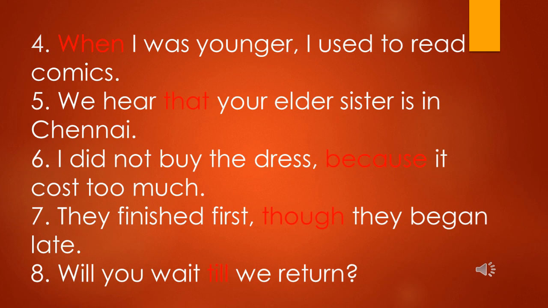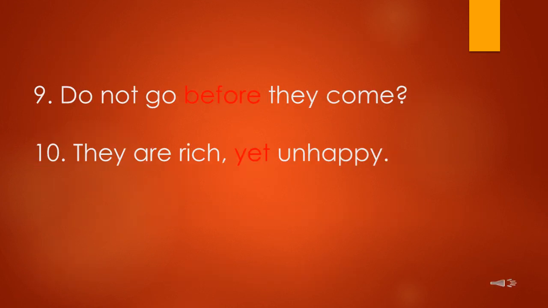Here the conjunction is though. Sentence number 8. Will you wait till we return? So here the conjunction is till. Sentence number 9. Do not go before they come. So here the joining word, the conjunction, is before.